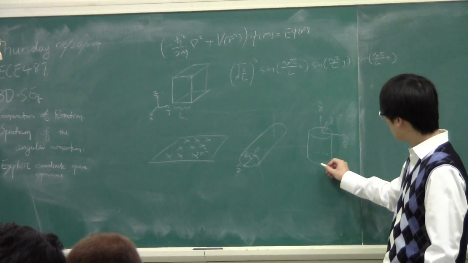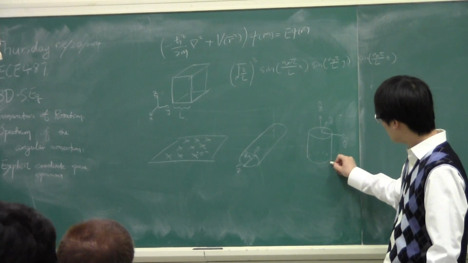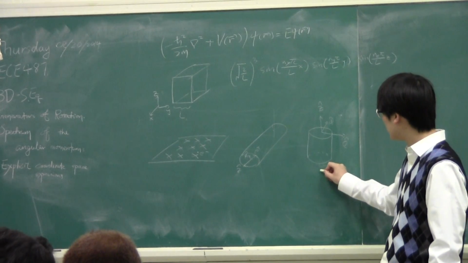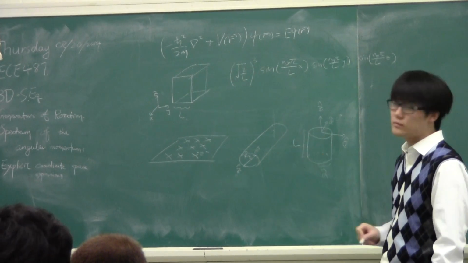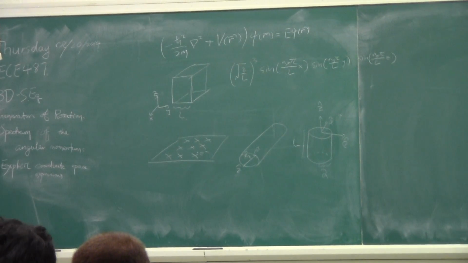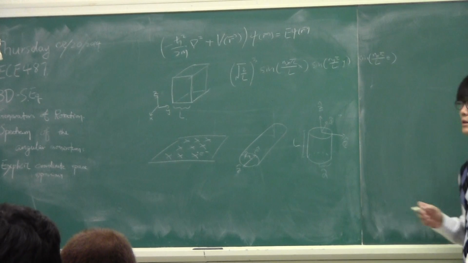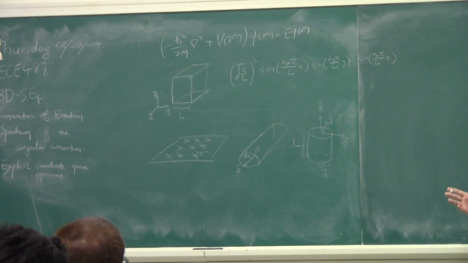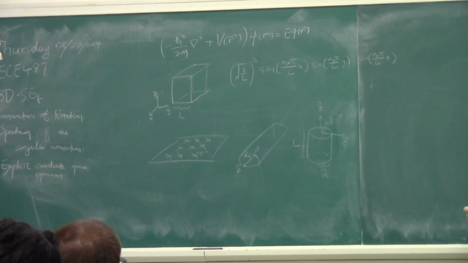Okay, and let's put some physical quantities here. Let's say that the radius is alpha, and the height is L. So we write down the Schrodinger equation for this problem. And that just turns into writing down the Laplacian operator in cylindrical coordinates.